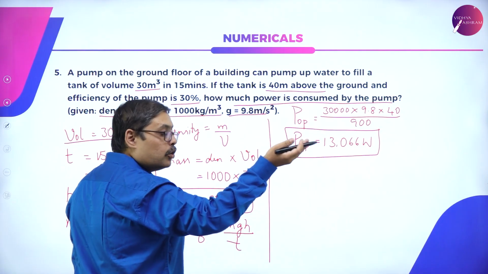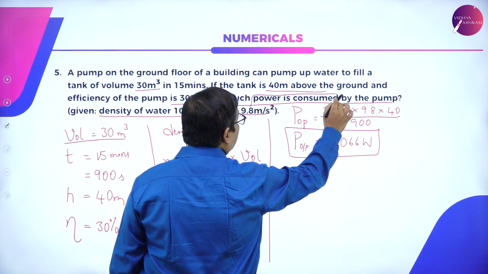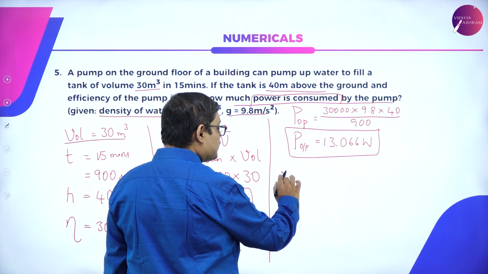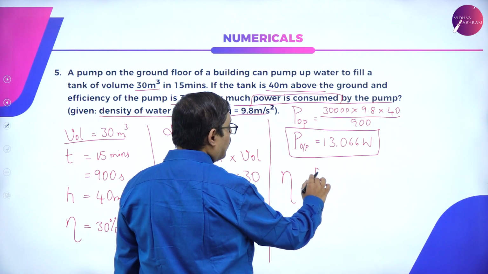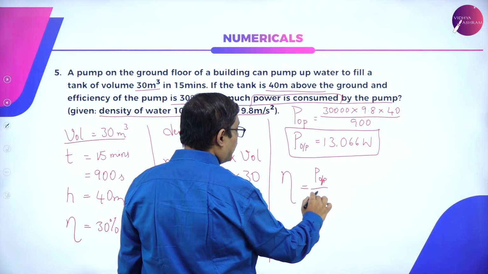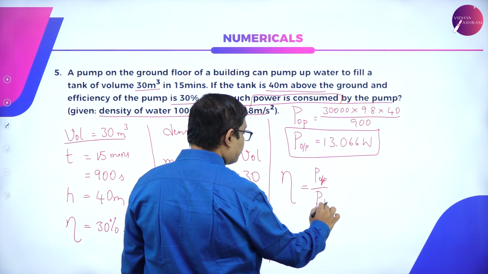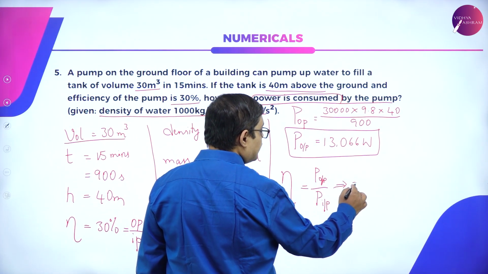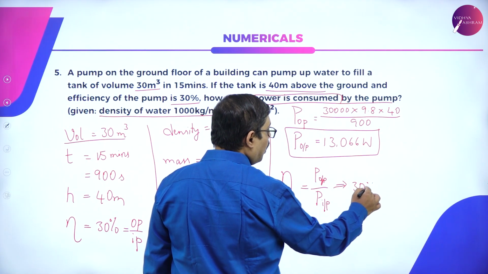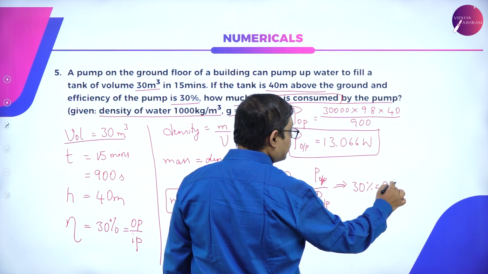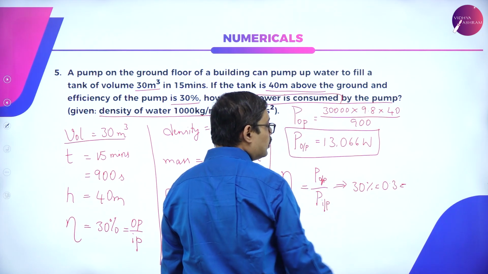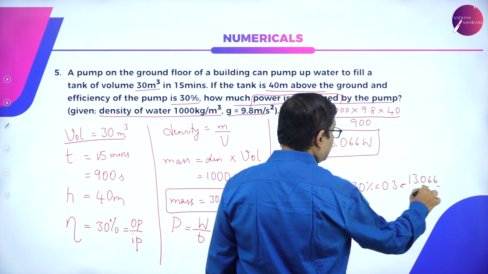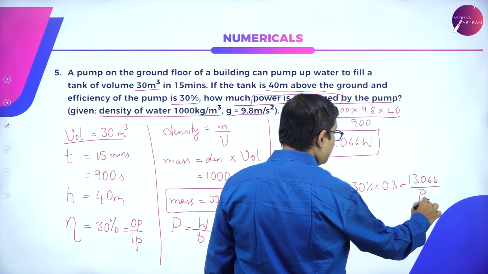What is the question asked? It is not the power output. The question is, what is the power consumed by the pump? That is why I said efficiency is power output by power input. I know that efficiency is 30%, or 0.3, equal to power output, 13,066, divided by power input.